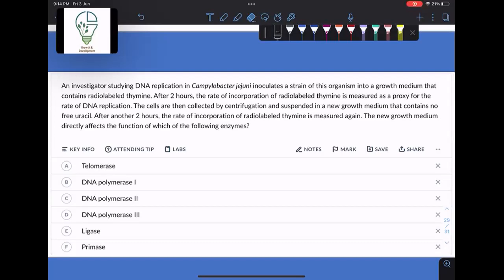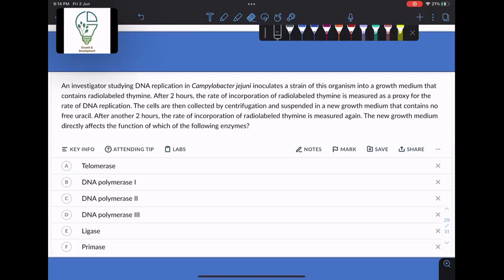So I know this was not part of my lecture per se, but I thought this was a really interesting question. And these are the kind of questions Dr. Aljada loves to bring, complicated and very USMLE oriented. So uracil is basically an RNA component.